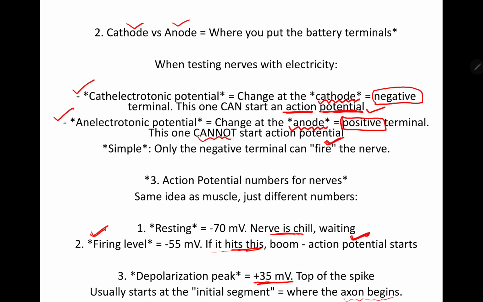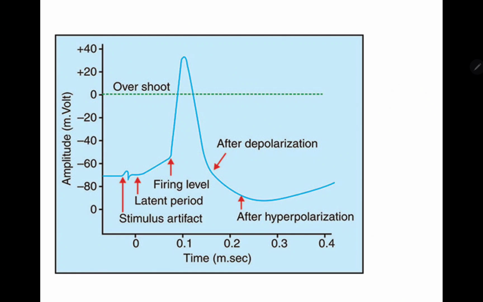Now this is the image of the actual action potential. This graph shows what happens when the nerve fires. Now can you see the resting phase? This is the resting phase, which is minus 70 millivolts.